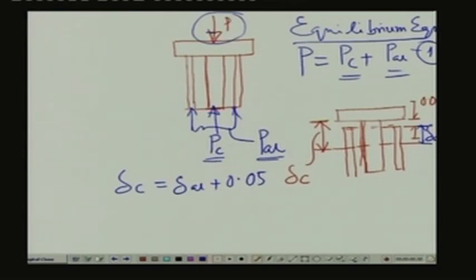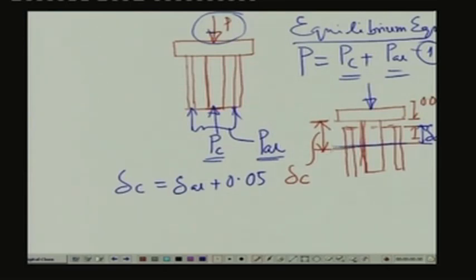So, this is the criterion which is developed from the compatibility of the two systems: initially, when the load is applied on this bearing plate, first the bearing plate along with the copper rod has to deform to the extent of 0.05 millimeter, then the load gets transferred onto the sleeve, and then the sleeve deforms, and this is the final level of the deformation.